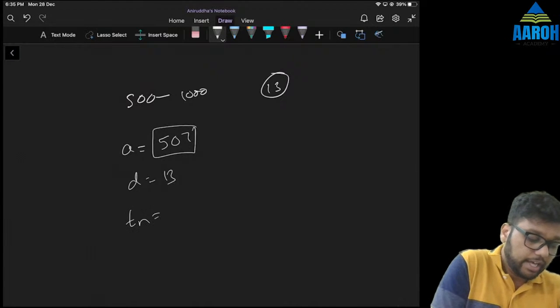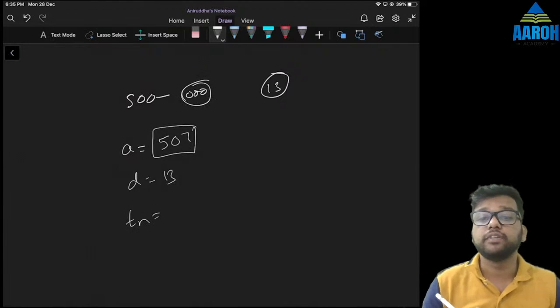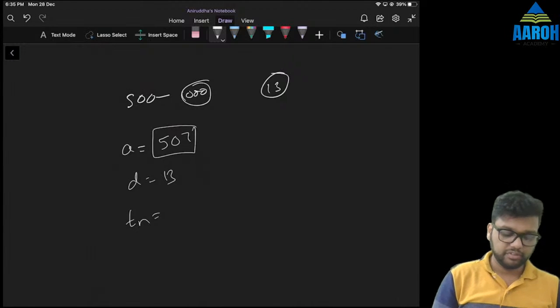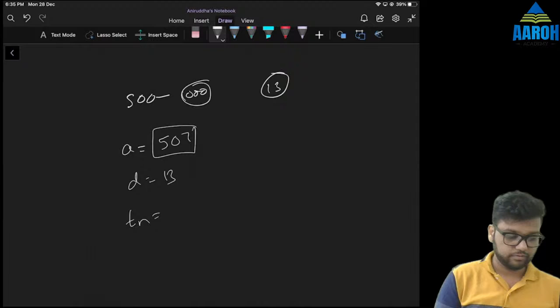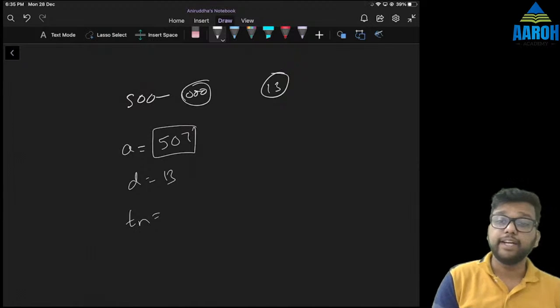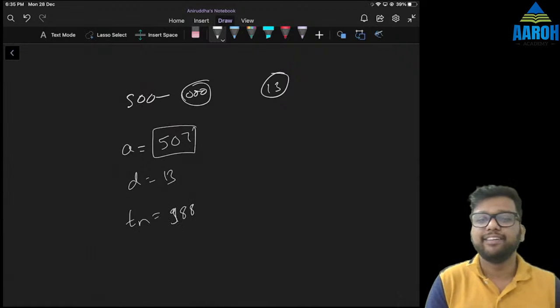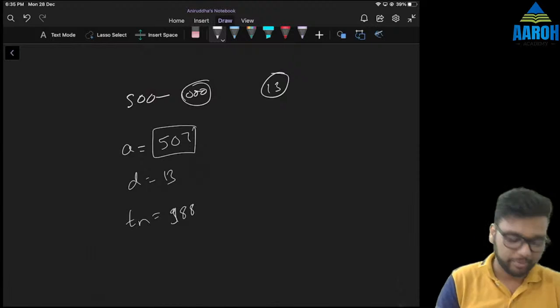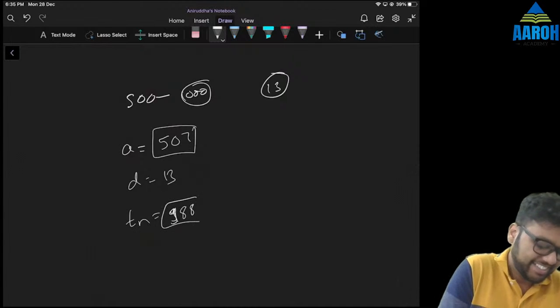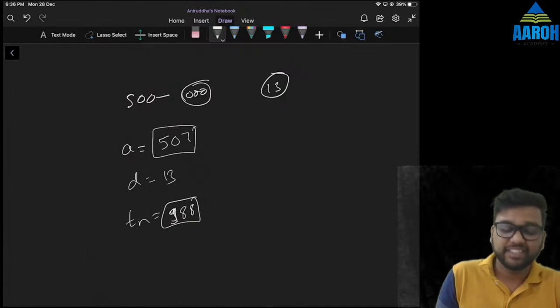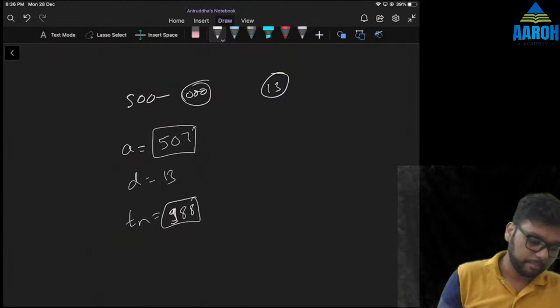Similarly, let's check which is the last number before 1000 which is divisible by 13. 999, no. 990, it will be around 991 or something. 988, right? 988, is it correct? The last number which is divisible by 13.